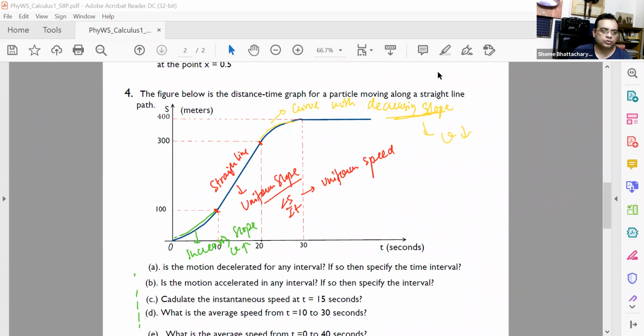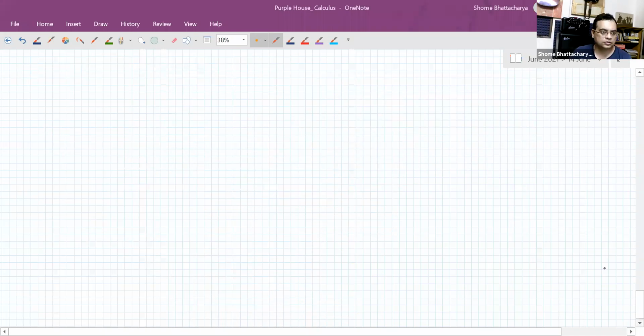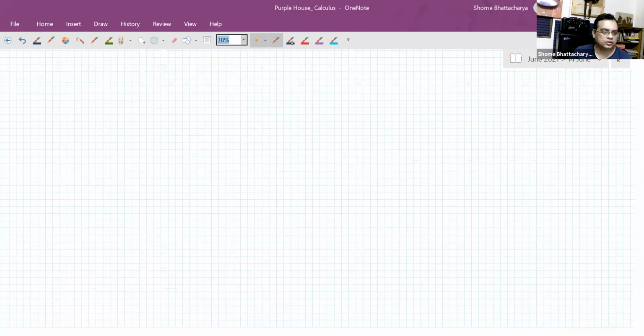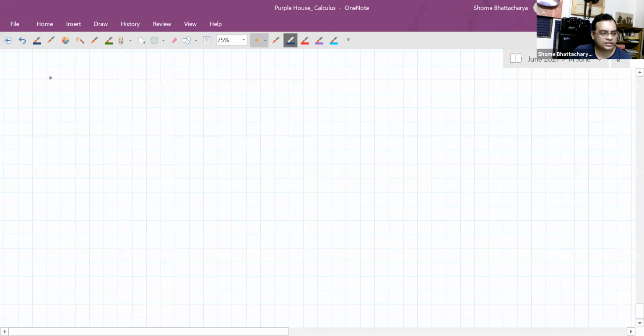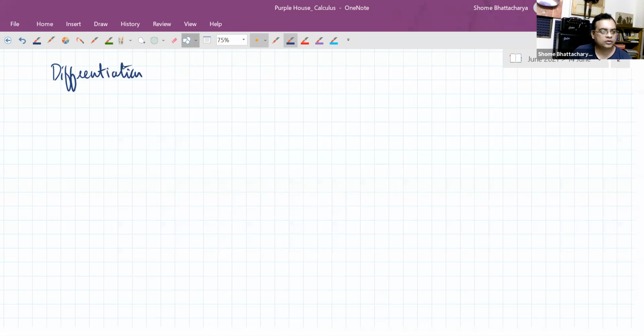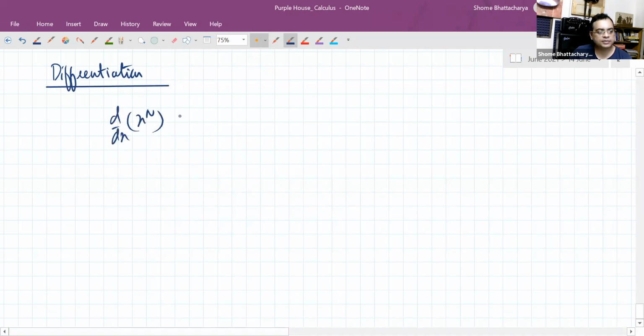All right. So moving ahead, let's see how far we reached in differentiation. So far we have seen one basic formula of differentiation, that differentiation of x to the power n is given by this formula. And we have seen some properties.